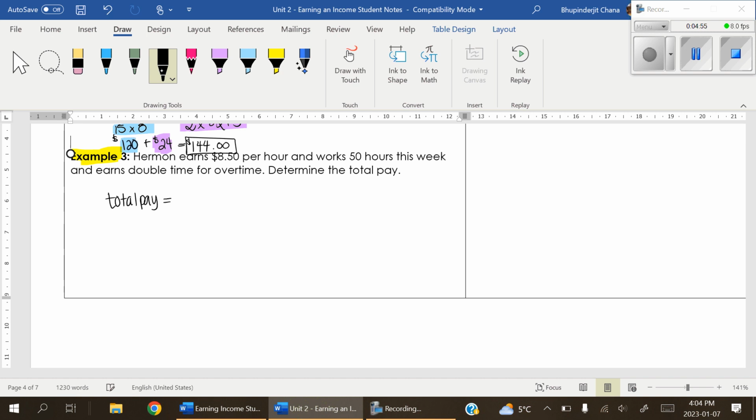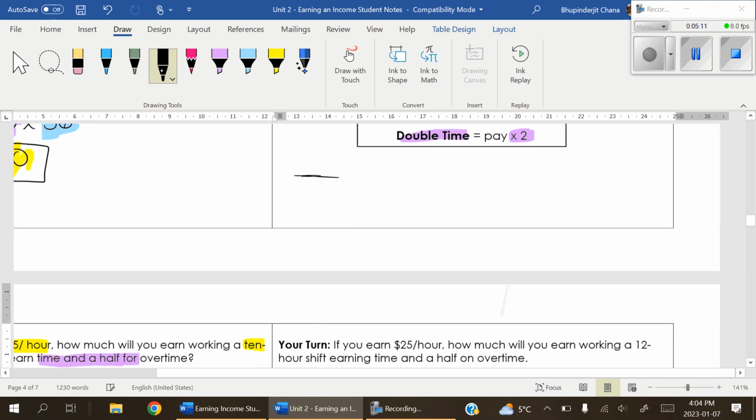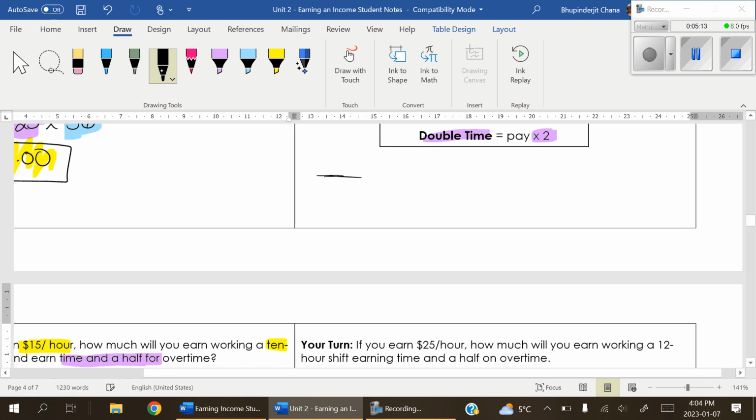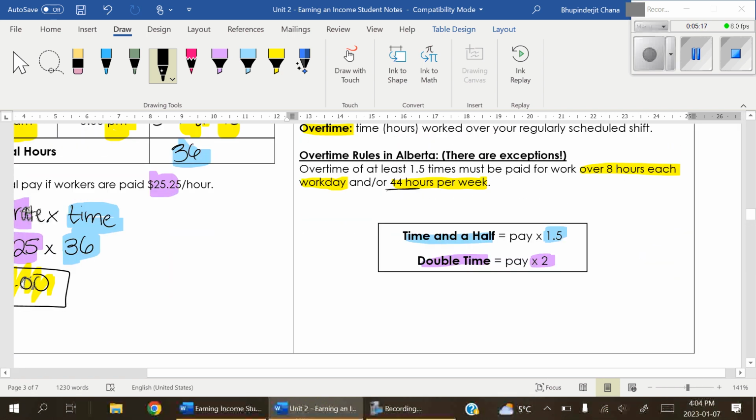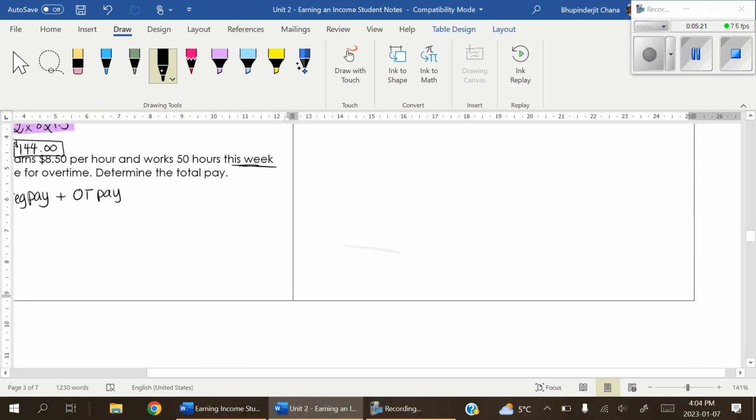is going to be equal to the regular pay plus the overtime pay. So we're talking about a week here. If I go back to my overtime rules here, in a week, after you work 44 hours, you get overtime.